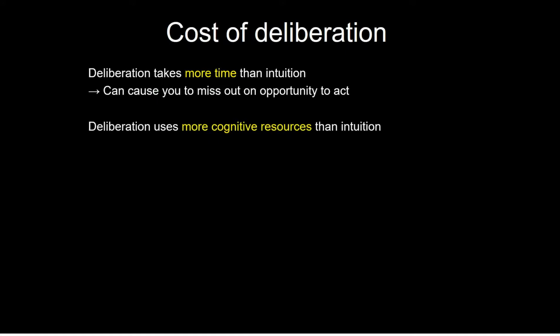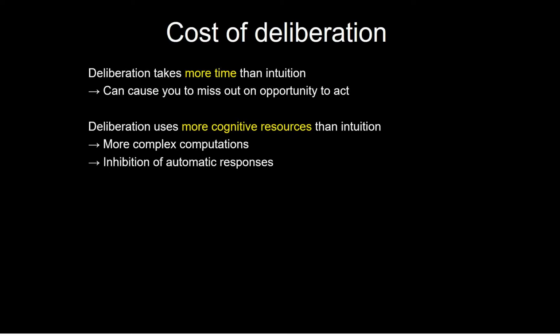Deliberation also uses more cognitive resources. That is, if you're focusing on this task, then you can't be focusing on other tasks. And that's because it requires doing more complex computations to figure out what's going on. Sometimes it also requires cognitive effort to inhibit automatic responses.